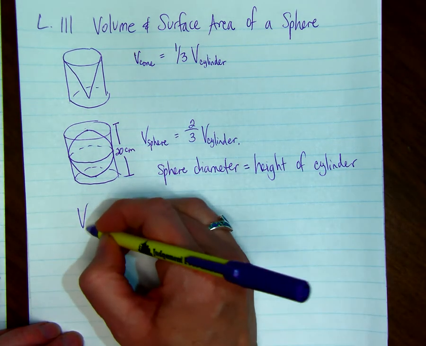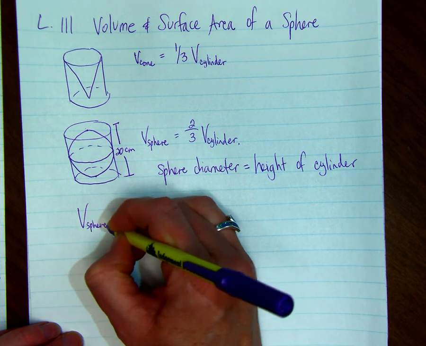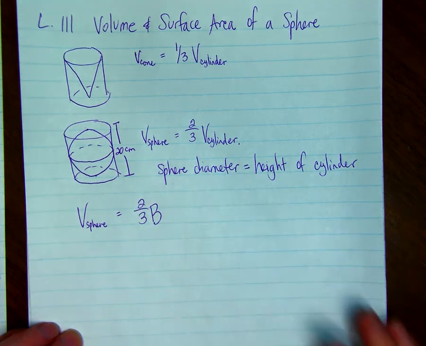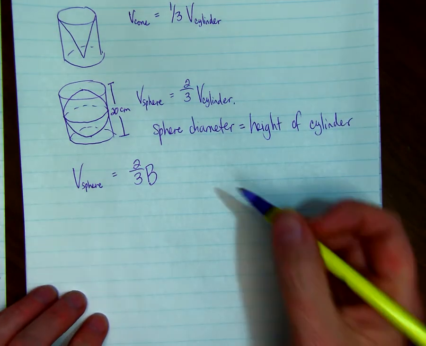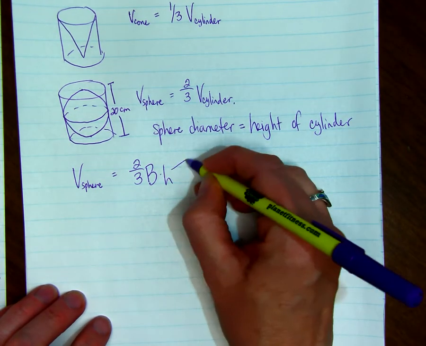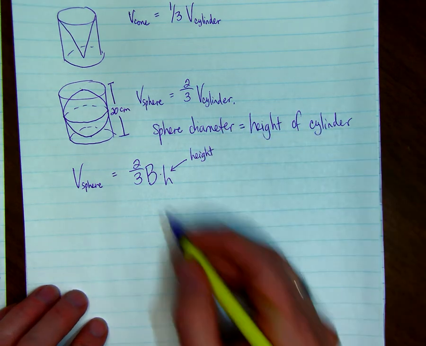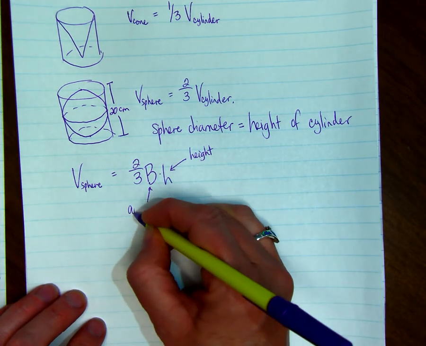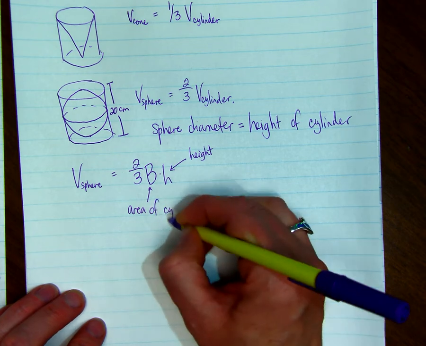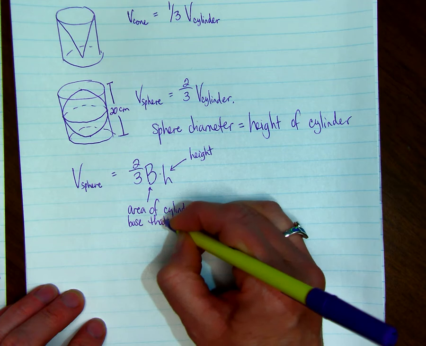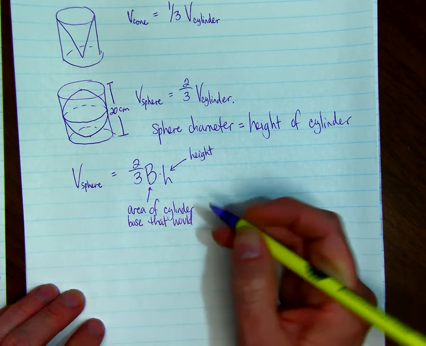So our formula for volume of a sphere is equal to 2/3 area of the base of that cylinder that would hold the sphere times the height. So this is the height of the cylinder. This is the area of the cylinder base that would hold the sphere.